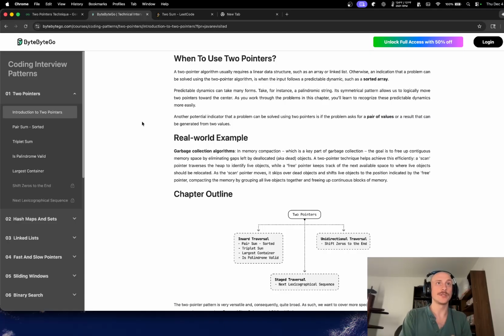A scan pointer traverses the heap to identify live objects, while a free pointer keeps track of the next available space to where live objects should be relocated. As the scan pointer moves, it skips over dead objects and shifts the live objects to the position indicated by the free pointer, compacting the memory by grouping all live objects together and freeing up continuous blocks of memory.